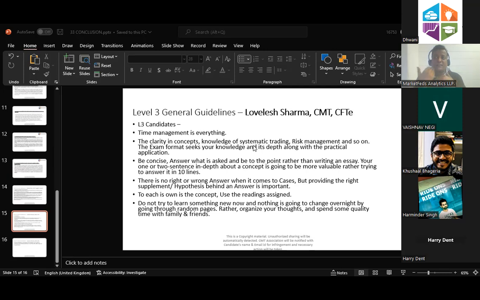One input which I will share with you is that whenever you are analyzing or reading anything, irrespective of whether it is level 1, level 2, level 3, I repeat it again: if you have read the book, the content, the notes and whatever resource you are using, the answer will automatically come to you if you read the question well.